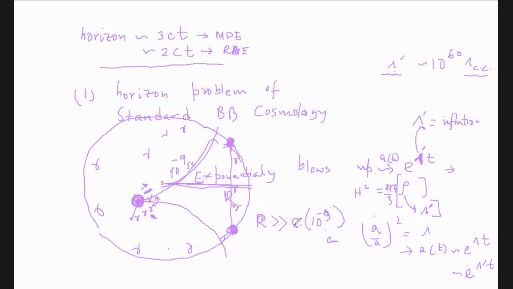normal universe. So this distance is much higher than the horizon size, because horizon size is approximately CT, as I have been telling you, C times T. So is it clear that now the distance between the photons is much greater than the horizon distance, which is basically CT, 3 CT or 2 CT?